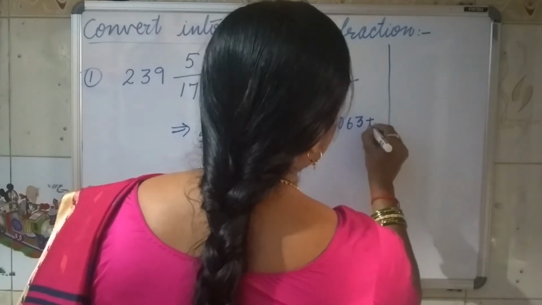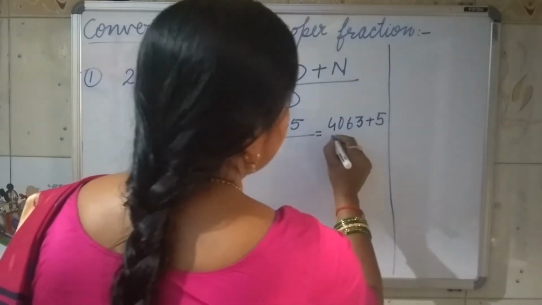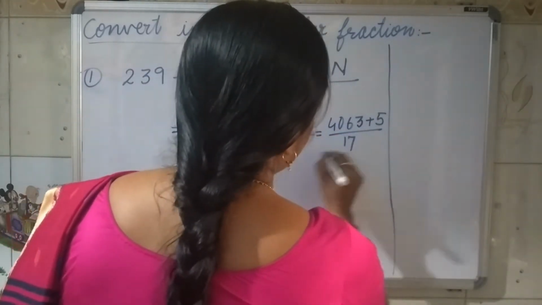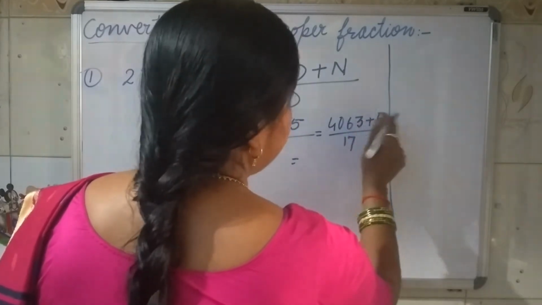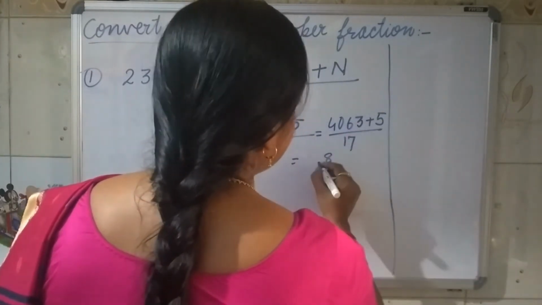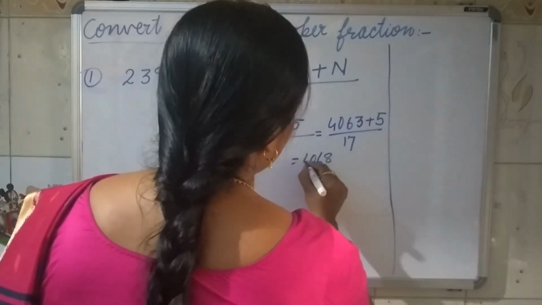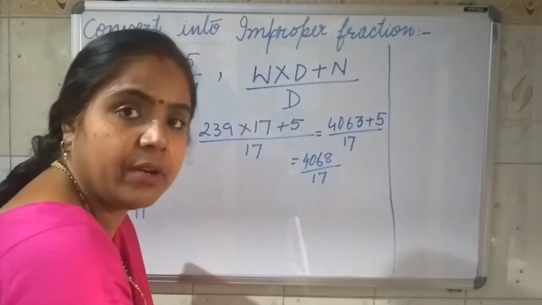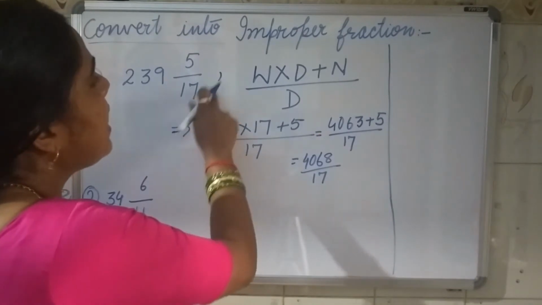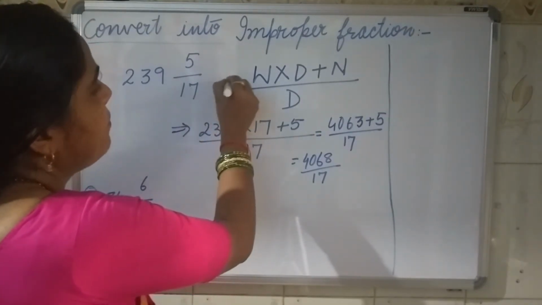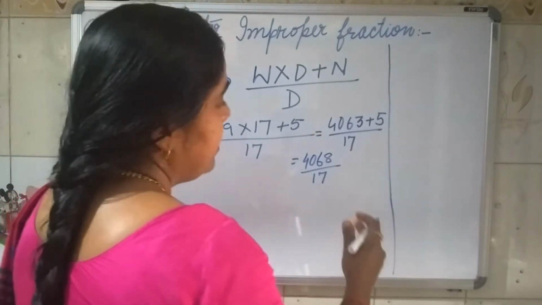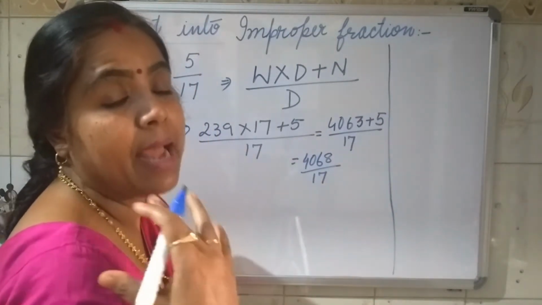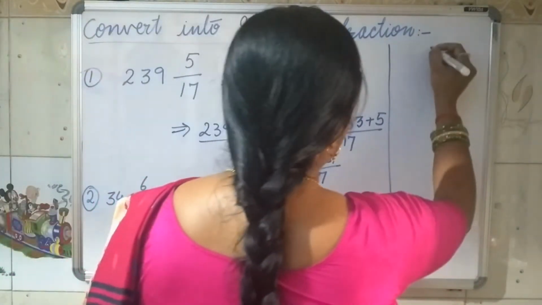Then plus 5, this numerator, upon the denominator. And this will be 5 plus 3 is 8, 6, 0, 4 upon 17. This is the improper fraction. The mixed number was given, and I have converted it into the improper fraction. Clear?